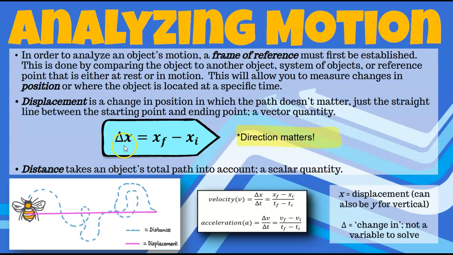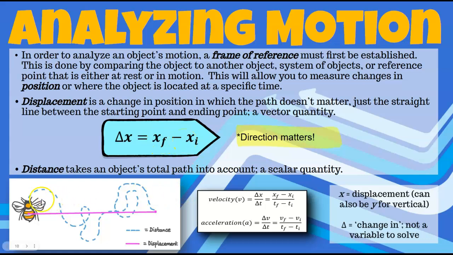Here is the formula for solving for displacement, which at the horizontal level is delta x, the change in position, equal to x of f minus x of i, which means final position minus initial position.